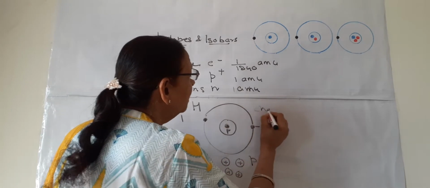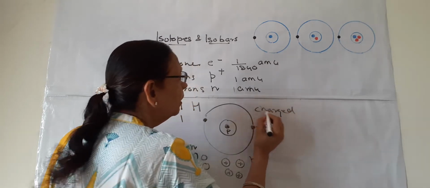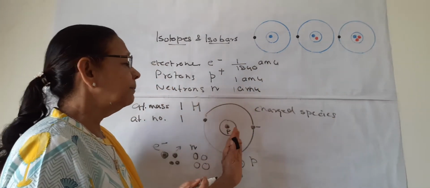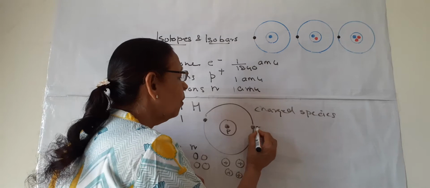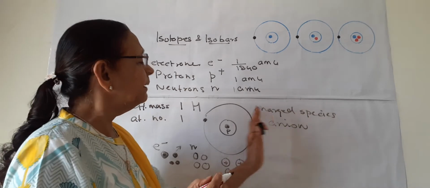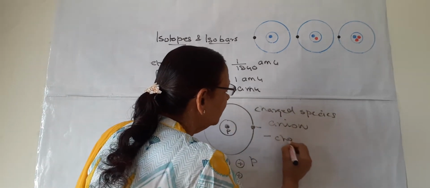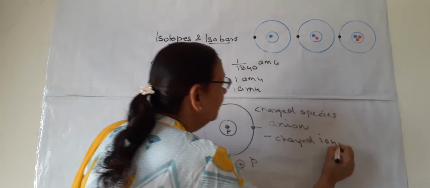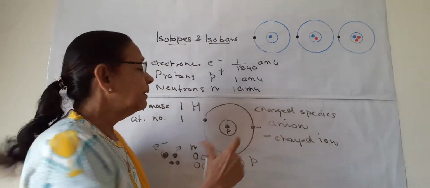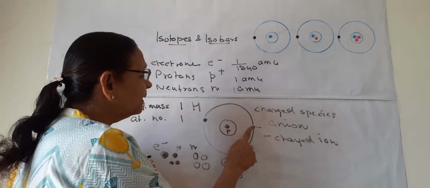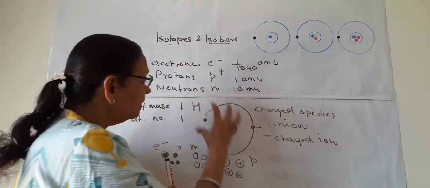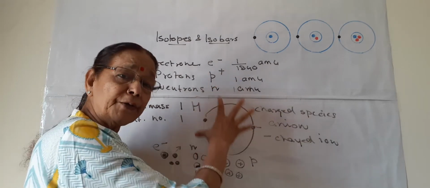Now it becomes a charged species, or we can say it is an anion, a negatively charged ion. Why? Because this electron which we added is negatively charged, but still the atom is of hydrogen.